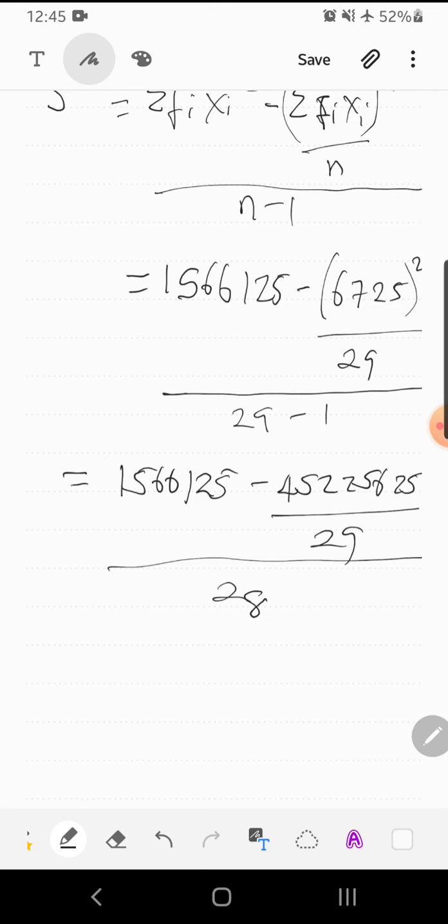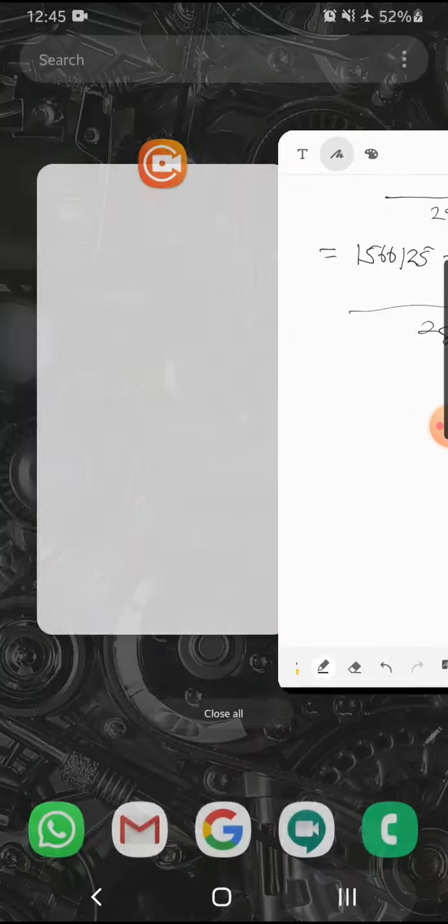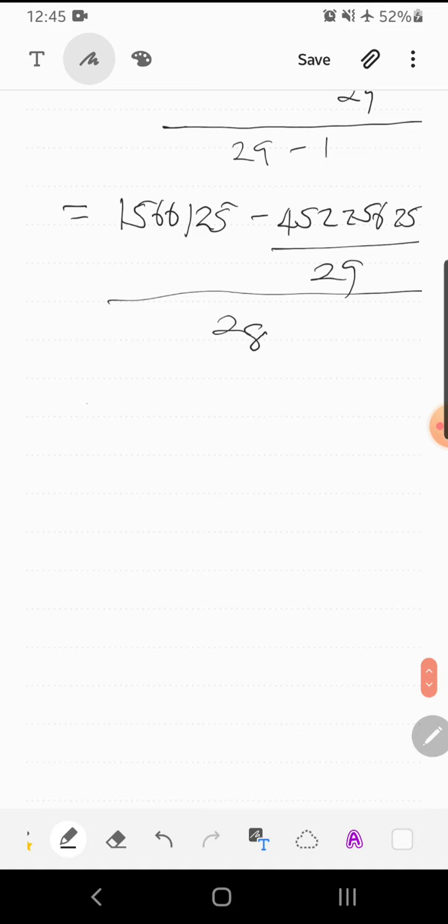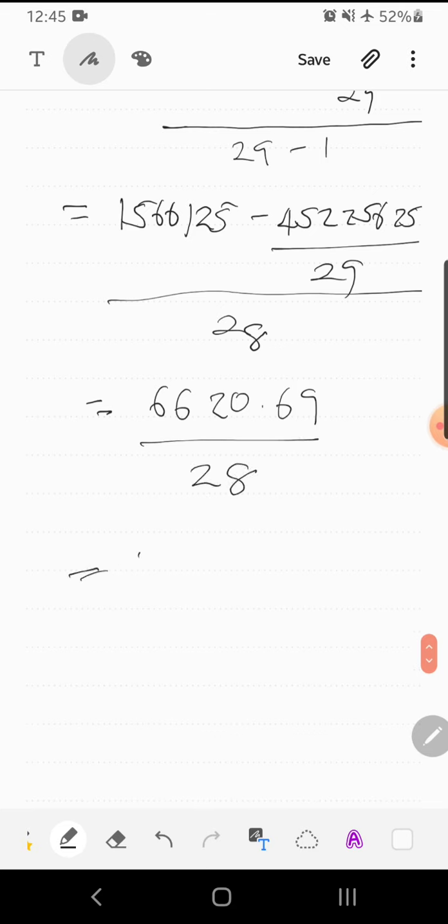Okay. So we compute that, and we're going to find 6620.69 over 28, and it gives you 236.453.